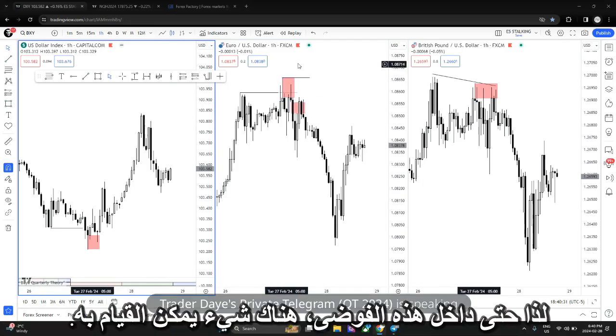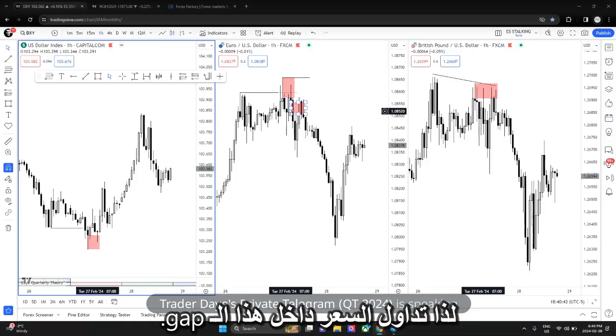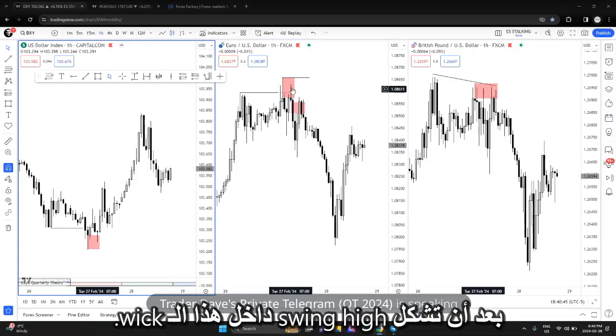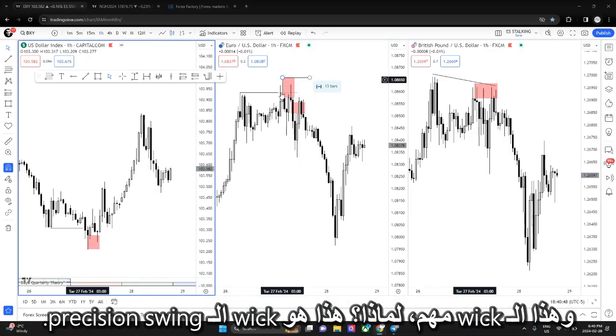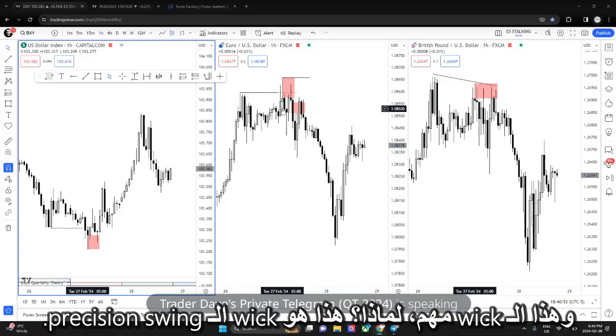So even within this slop, there is something to do, right? So price trading to this gap after there was a swing high form within this wick. And this wick is important. Why? This is the wick of the precision swing point.